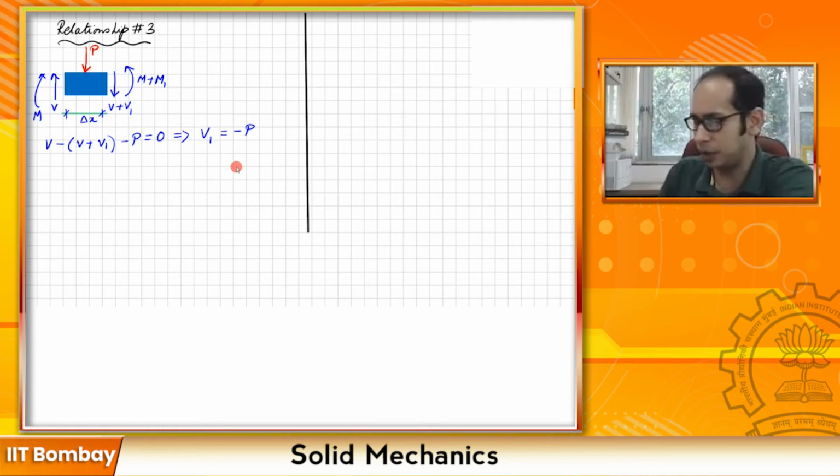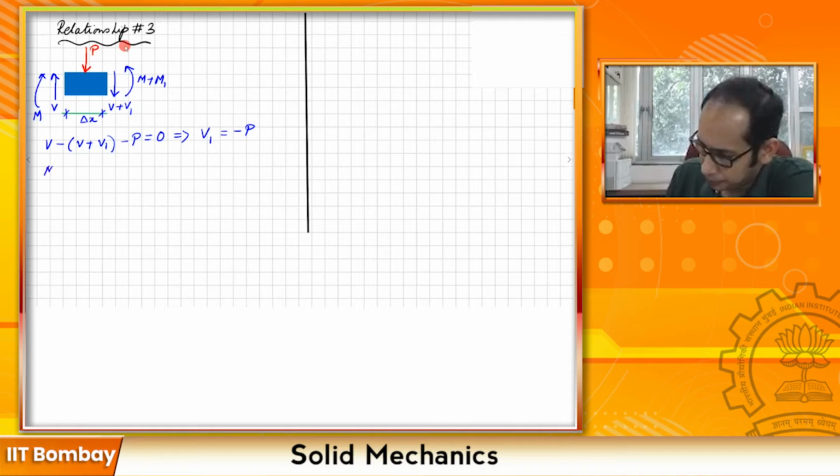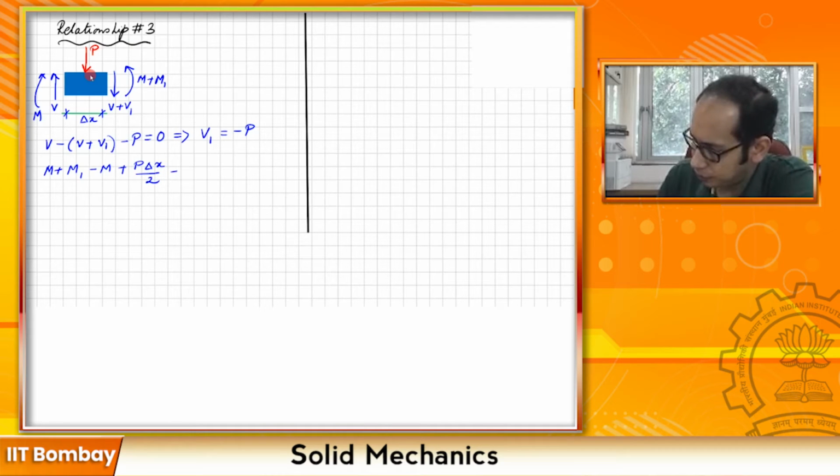Now let's take a look at the moment. If you take the equilibrium of the moment about this particular point over here, what you will get is M plus M1 minus M plus P times delta X over 2, because if this is delta X and let's say the P acts at the center of that, minus V delta X equals 0.